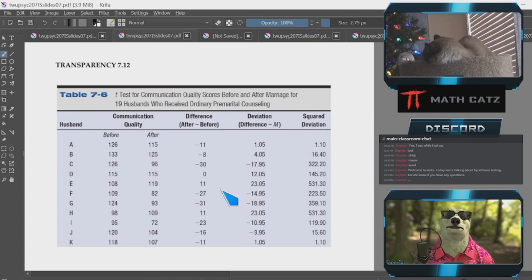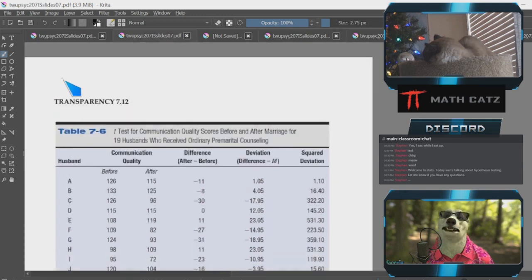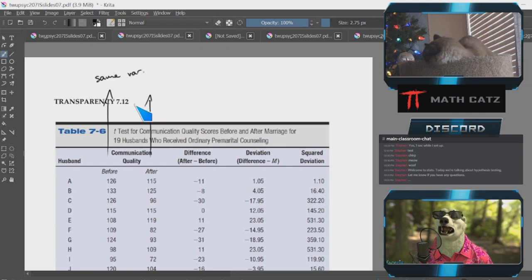Because essentially, if I have two distributions, the before and the after, they're the same people, so they have the same variance. If each one has a normal distribution or a t-distribution, the difference has the same distribution.